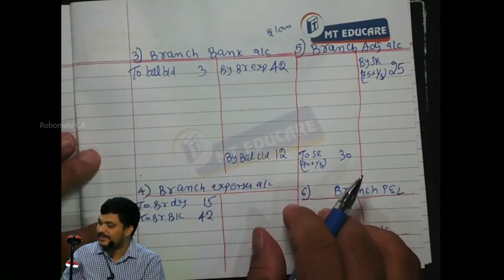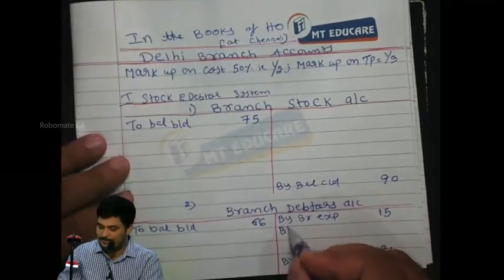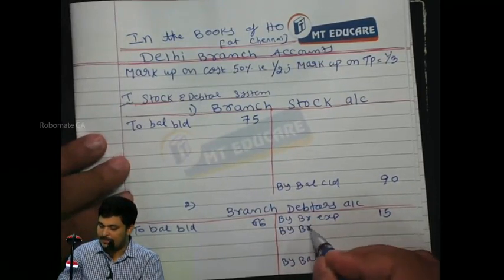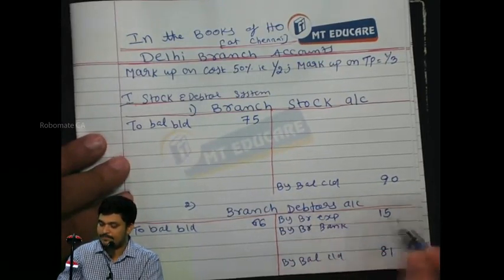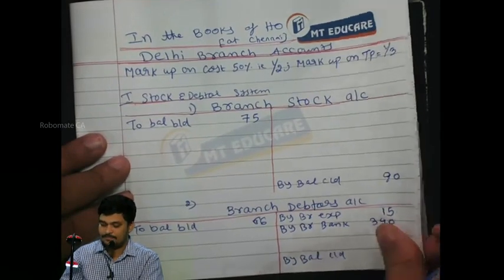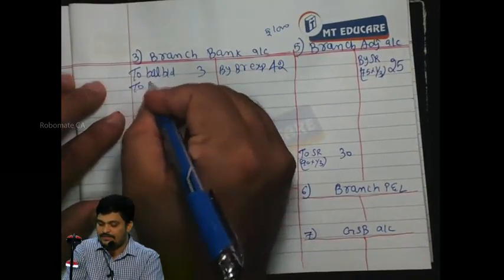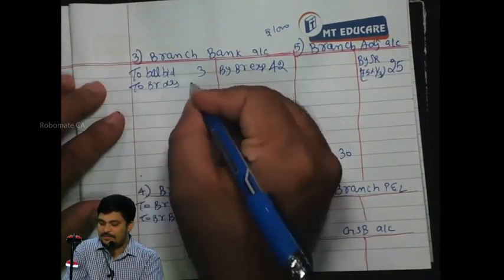Cash received from credit customers and banks. Cash received from customers: by branch bank 39, to branch debtors 39.